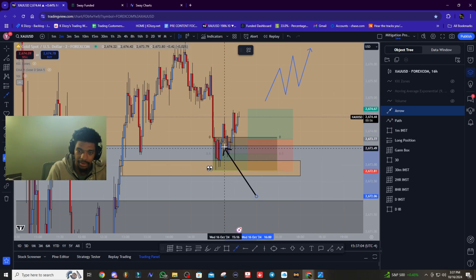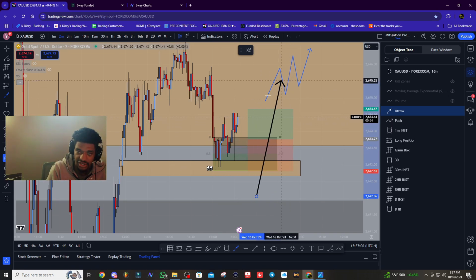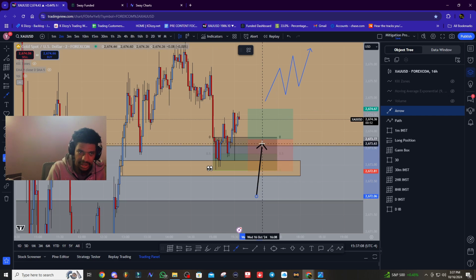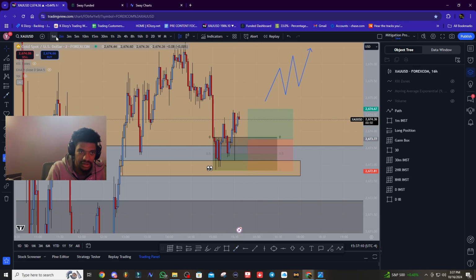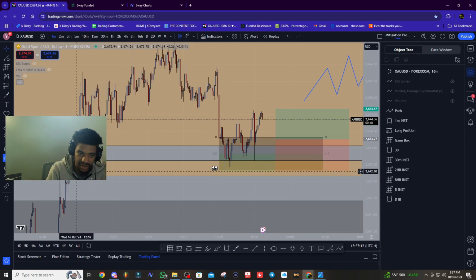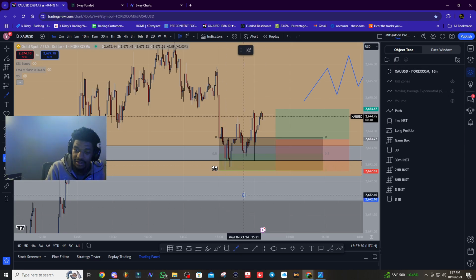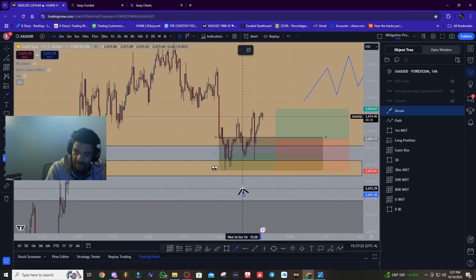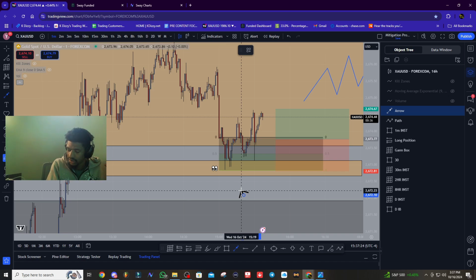I seen it start having that structure, and I went to the lower time frame, and I see that on the 1 minute, this institutional candle right here that nobody was probably looking at, but now it's showing itself. You don't have to create scenarios. You predict based on what you see and the strategy you have.